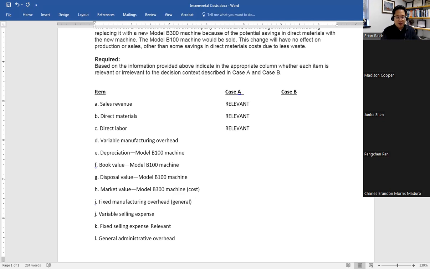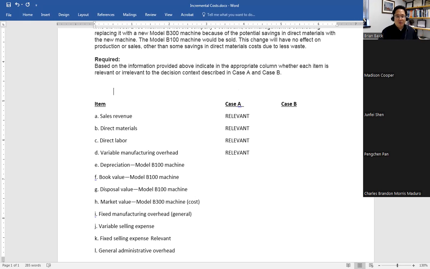So labor could be different under each case. That's relevant. Variable manufacturing overhead, I think it's going to be different. If I add a machine or don't add a machine, the overhead is going to be different because it's variable. So it's relevant.